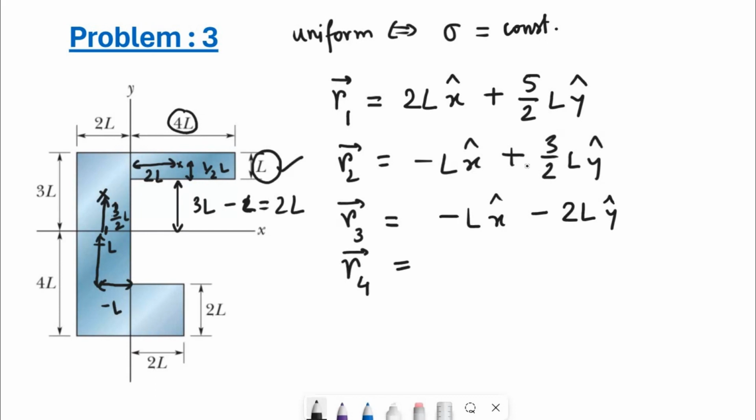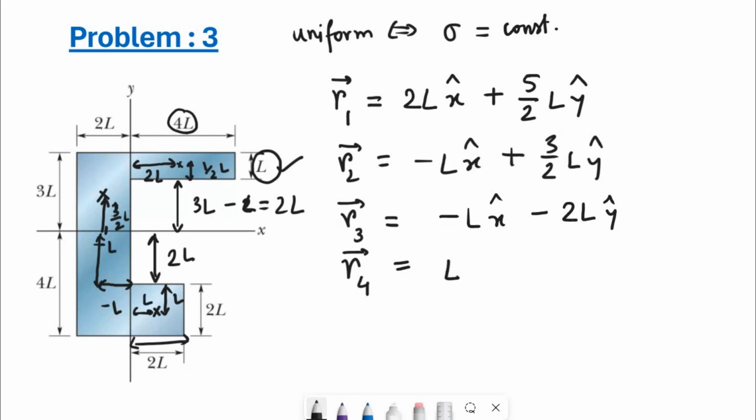So this distance is twice L on the negative y-axis, and then further down the line we'll have to go half of twice L, which is just L. And since this length along the x-axis is twice L, the center of mass of this object is supposed to be just L distance away.